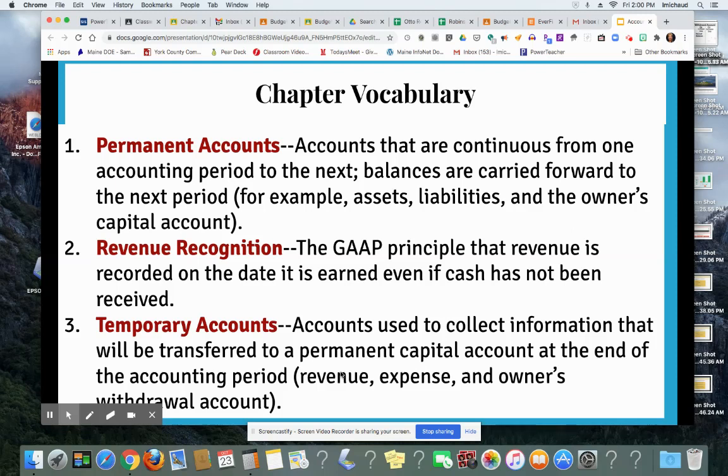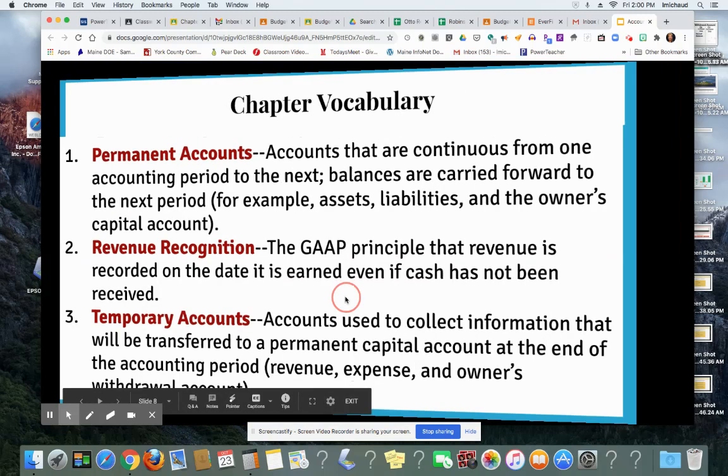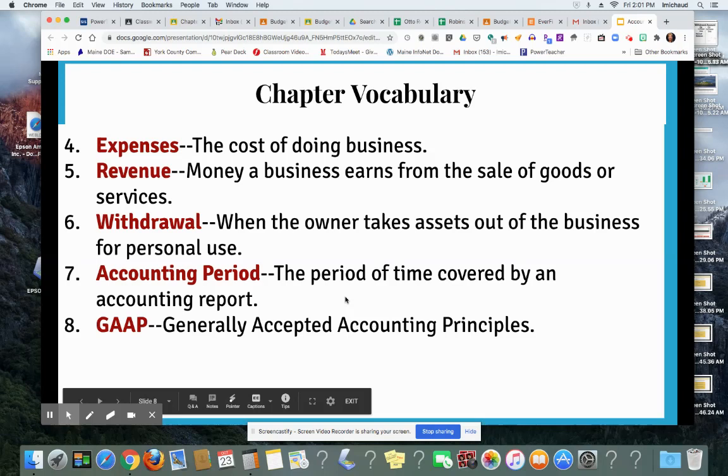So you want to keep track of revenue. How much money are you bringing in? Expenses, how much money is going out? Owner's withdrawal, how much money are the owners withdrawing from their business? So you want to keep track of this, and this is a really good way to do that. Remember, expenses are the cost of doing business, like rent or salaries.